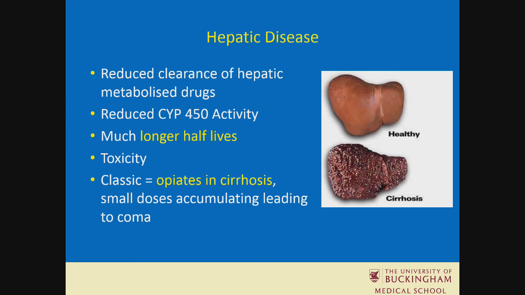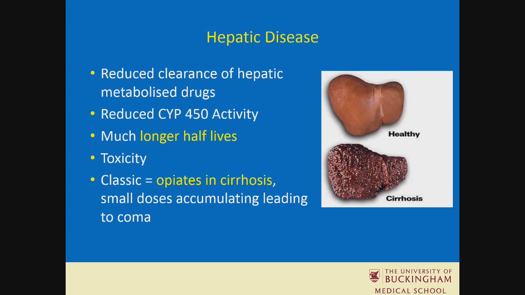Hepatic disease. So again, obviously, if you've got a particularly unhealthy liver, then your P450 activity is going to be completely thrown off course. Drugs are going to then have much longer half-lives in the system, and then you're going to see toxicity. And again, opiates are used to relieve the pain in cirrhosis, because you get pancreatitis there as well.